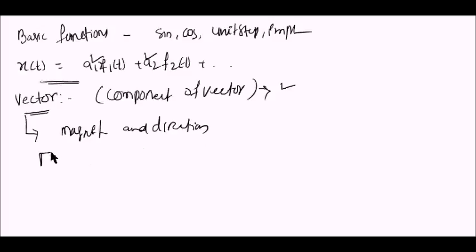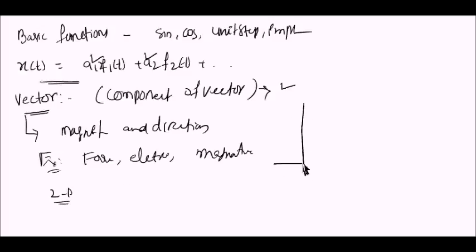Examples of vectors are force, electric field and magnetic field. I'll take a two-dimensional coordinate system where I'll represent the point x comma y. This is the x-axis, this is the y-axis. Now this is the point 2 comma 3.